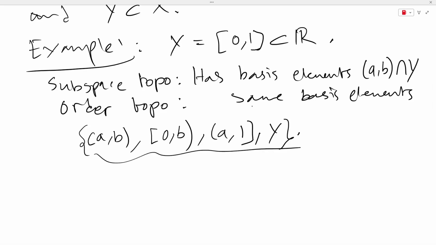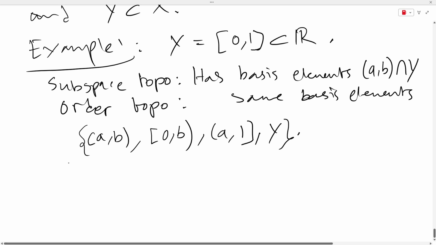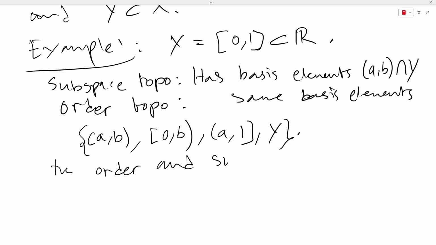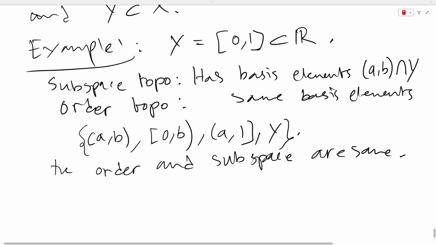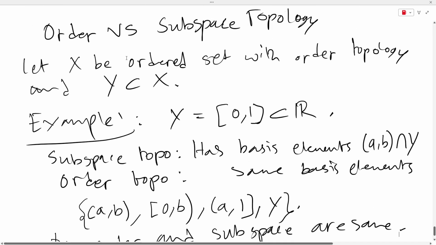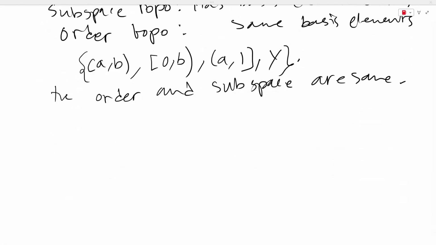These two are the same, so the order and subspace topologies are the same here. On this we agree that they are the same.